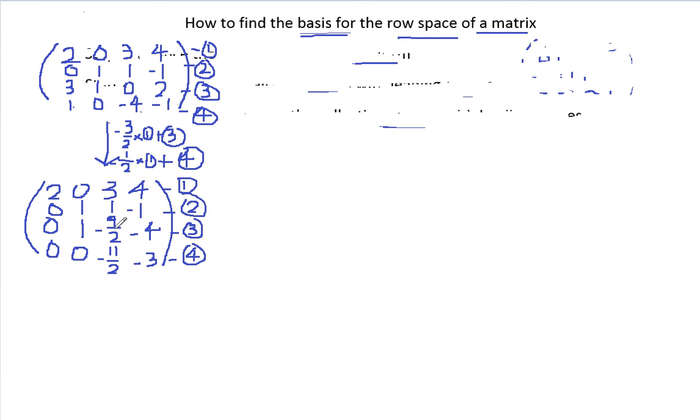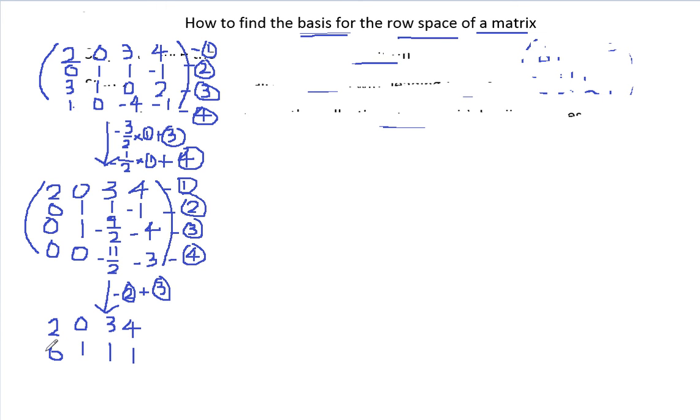So now you want to eliminate the entry below 1 over here, which is this third row, second column. So what do we do now? We add minus 1 times row 2 plus row 3. Therefore it's 2, 0, 3, 4, 0, 1, 1, minus 1.